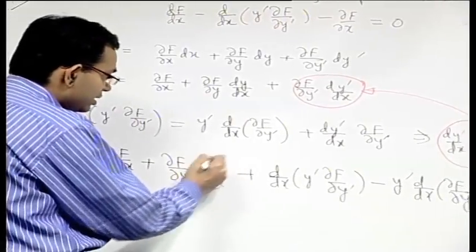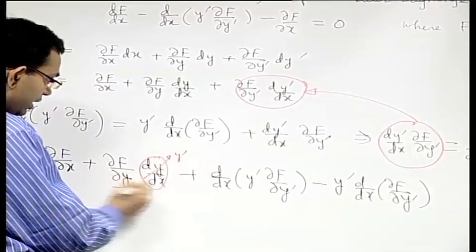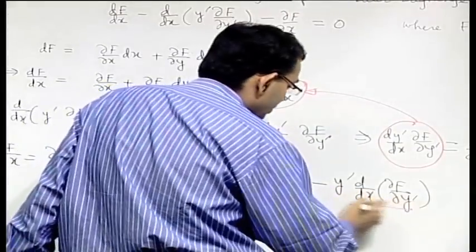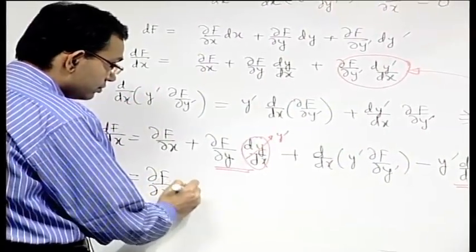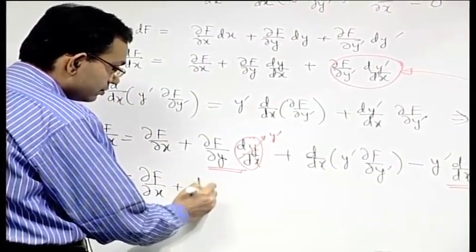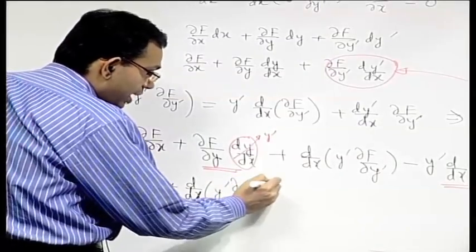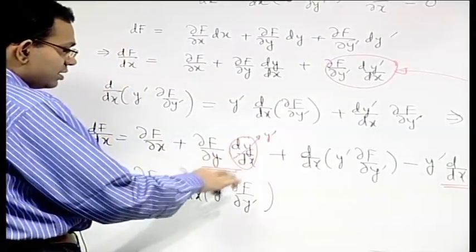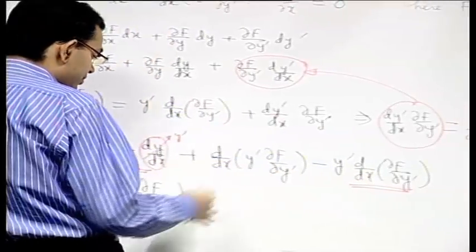We also have to keep in mind that this dy dx is nothing but y prime. So, we can club up these two terms and write that this is nothing but this one, plus the combination of these two terms which are marked here in red.